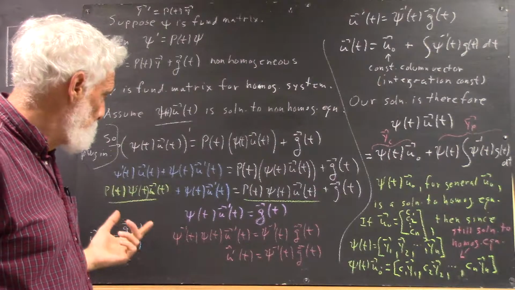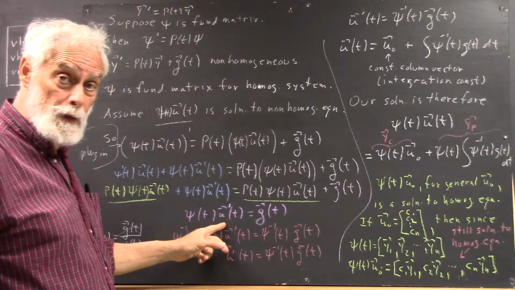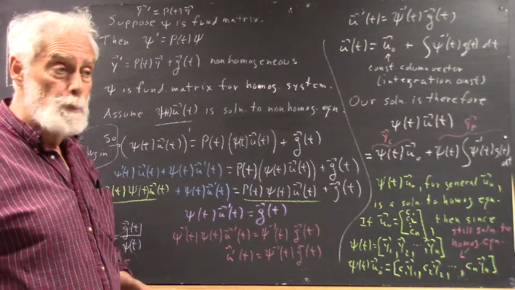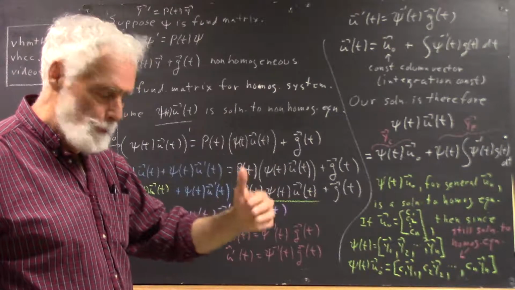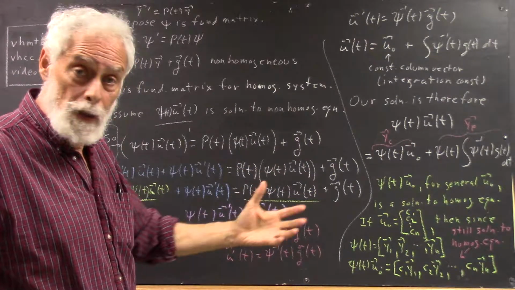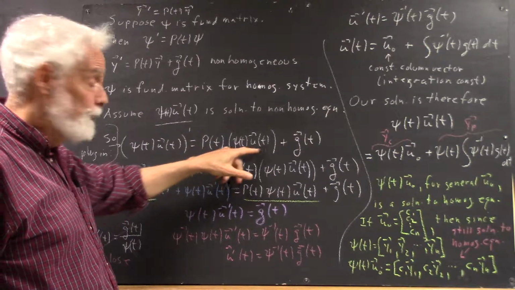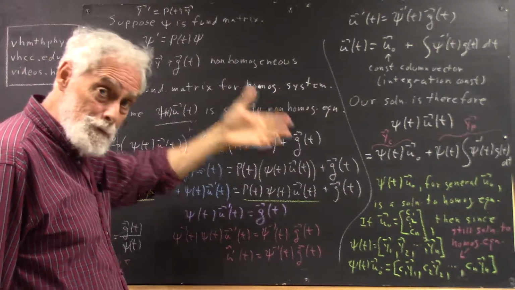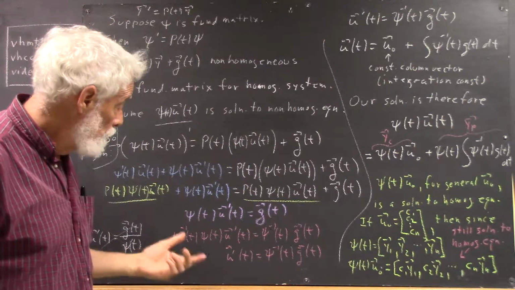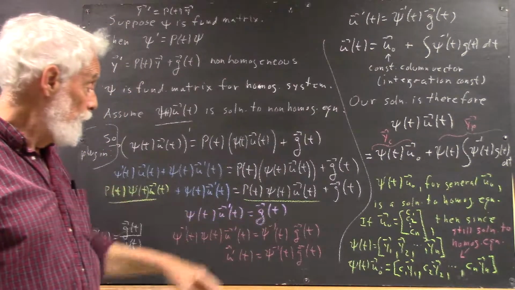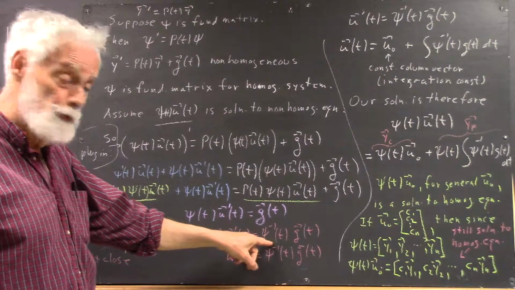How do we solve this equation for u prime of t? As before, if you've got u prime of t and you can integrate the functions that make it up, then you have your u vector, which you can multiply by your psi matrix to get your particular solution. To solve this equation, we multiply both sides on the left by psi inverse of t.